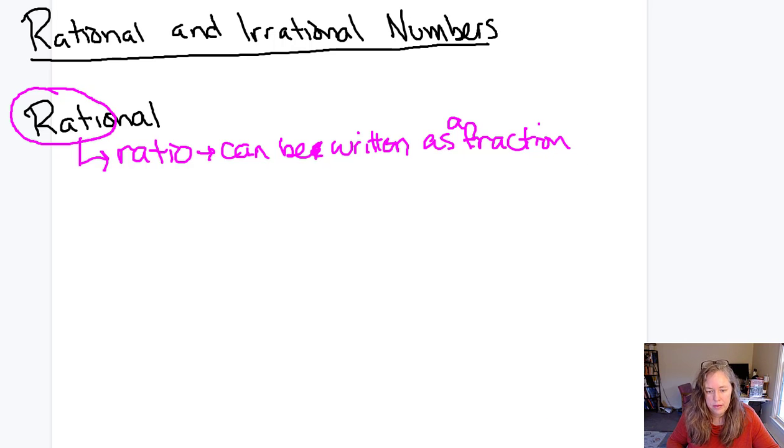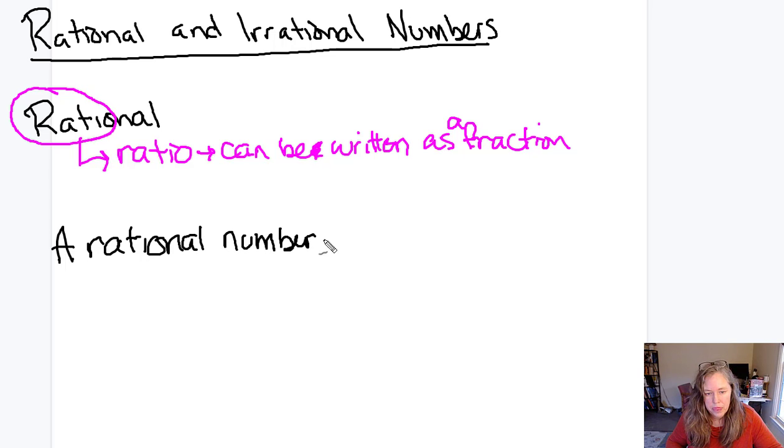So a rational number, this vocab word is important.